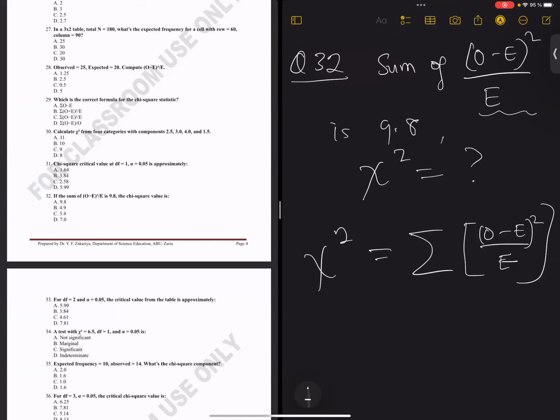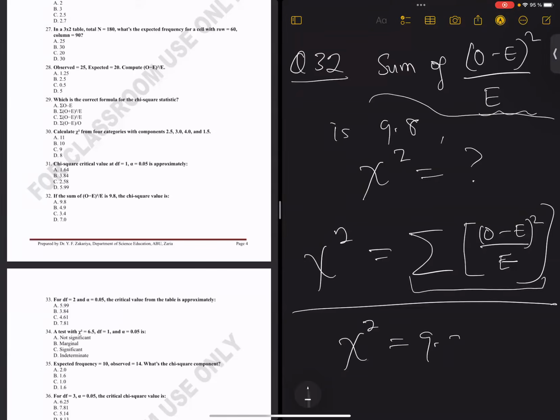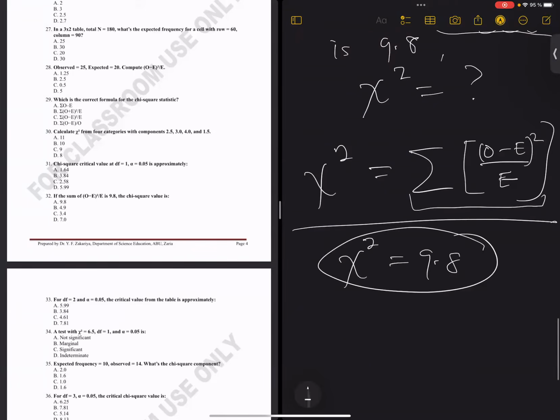So definitely this is just the chi-square formula written in words. So if this sum is equal to 9.8, definitely the chi-square statistic must be 9.8. Thank you. Look at how simple this question is. In the exam, you will be troubled if you cannot just see this connection.